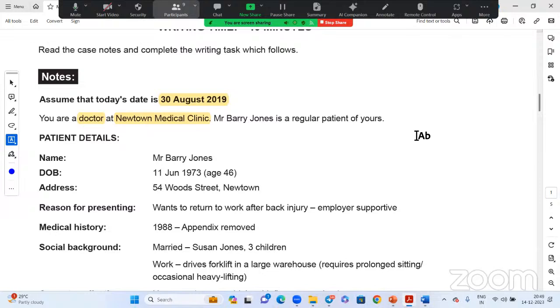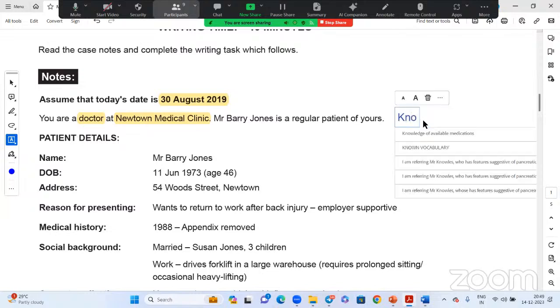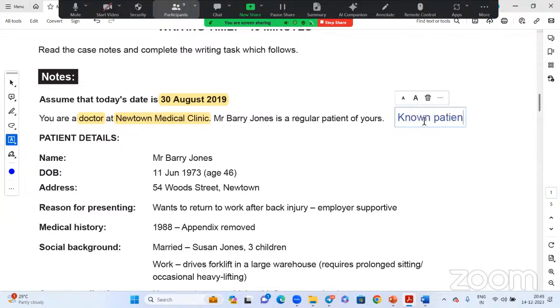That means a known case. You have to know that because he's a regular patient of yours. You can understand based on this, so there is no need to write that. He is a known patient to you.